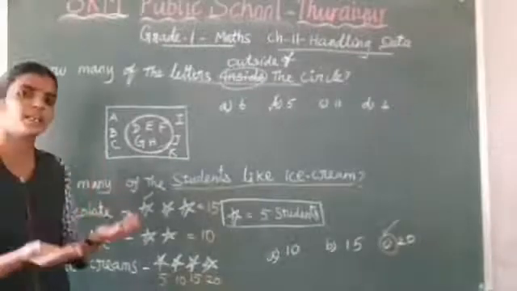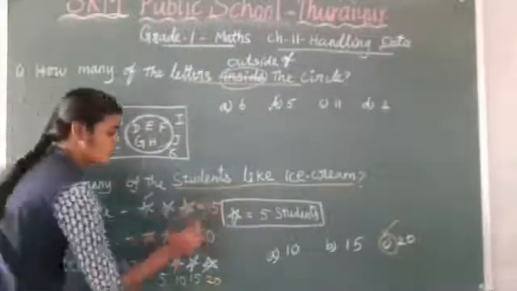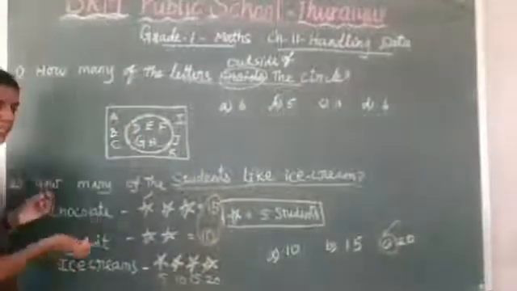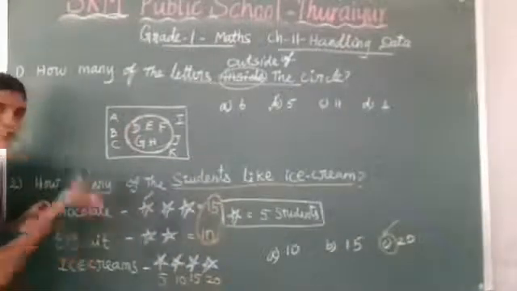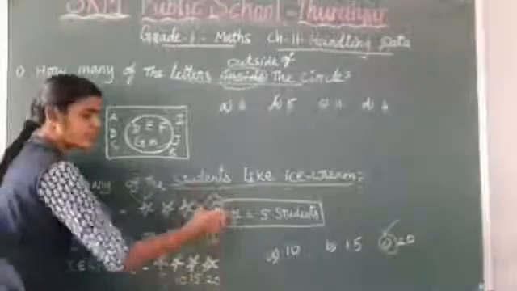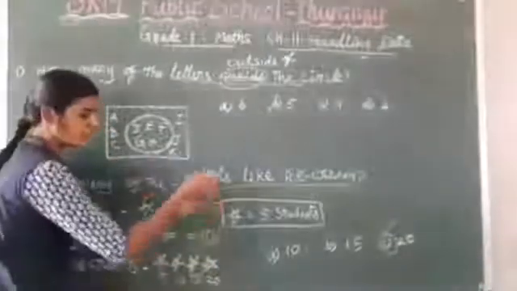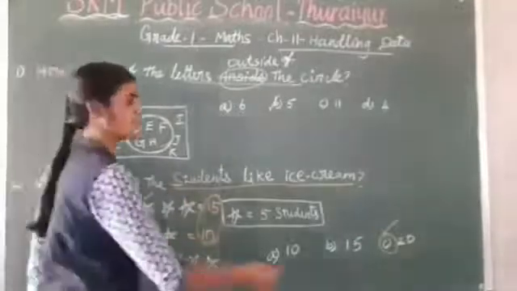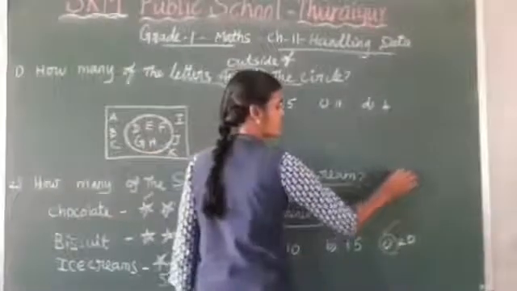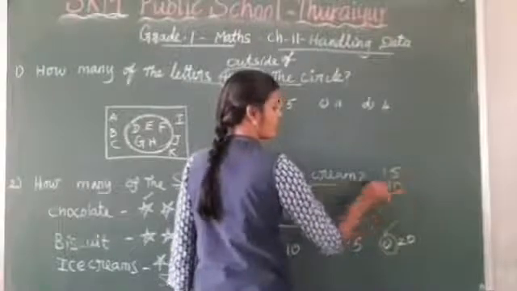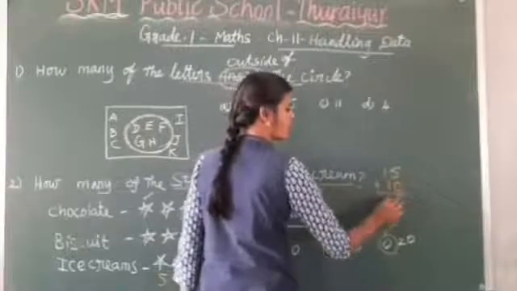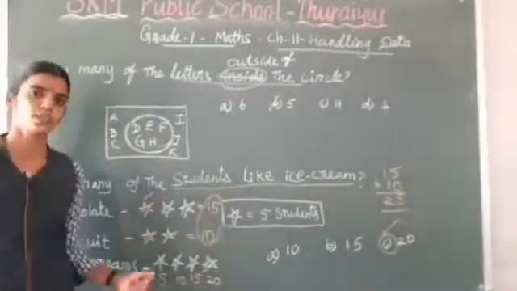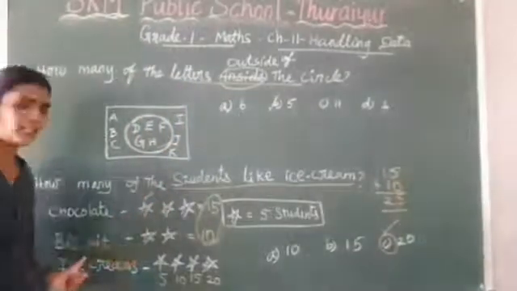Both chocolate and biscuit means you just add these two numbers. 15 plus 10. If you cannot add directly, you can add in the working place. 5 plus 0, 5, 1 plus 1, 2. So 25 students like chocolate and also biscuit.